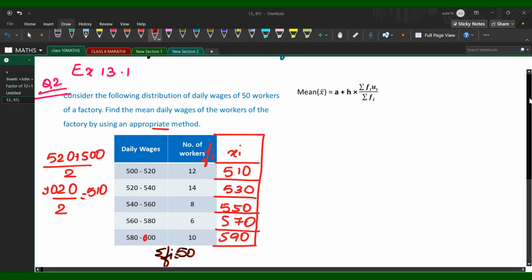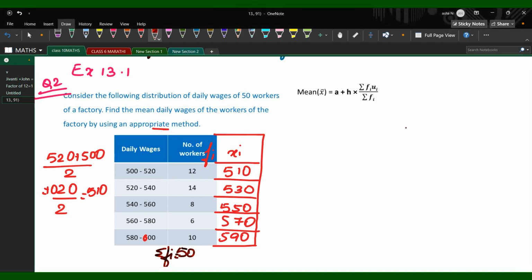Now tell me what the mean will be here. Average. What we will take now as the average is the number which is in between, which is 550.